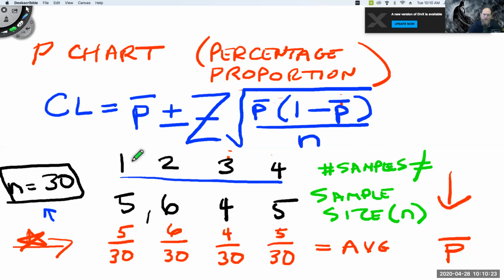In this case, we took 4 samples, but the size of each sample was 30. I asked 30 people here. The next day, I asked 30 people here. Some of these might be inside of this 30, but that's technical stuff that at this point I don't really care about. I asked 30 people every day, for 4 days.